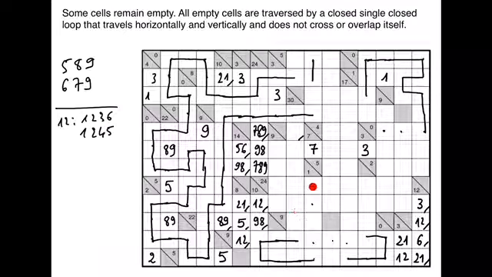Yes, and then it would, no, it can't. It can't, because it would make this a 9 and this would break this one sum. So it can't go up.